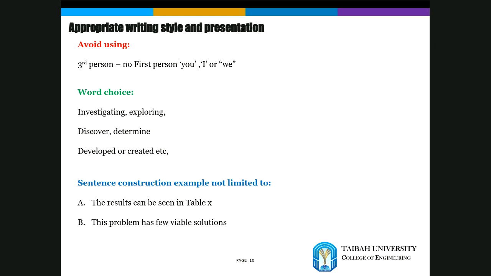Then let's think about your project. Instead, the result can be seen in the table, or this problem has a few things. This example is just to avoid using I and we. We found this to be a common mistake. Please avoid these things, okay?